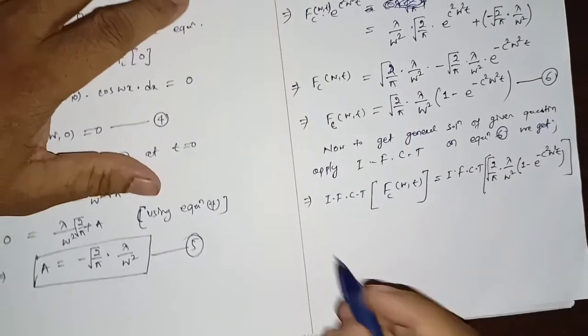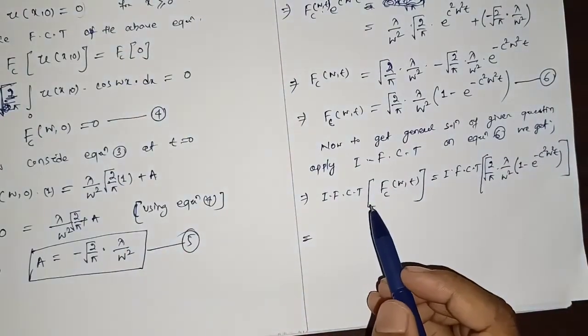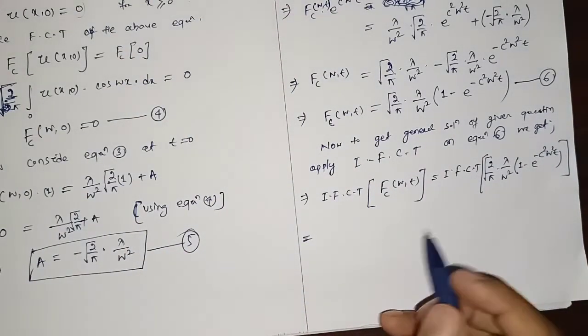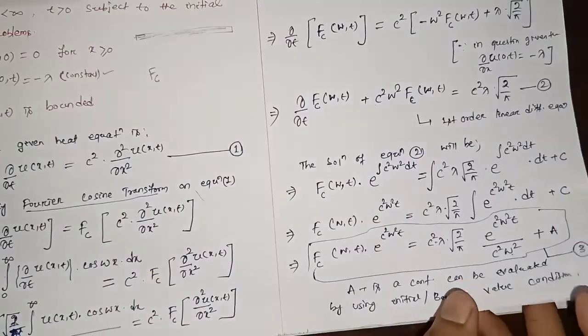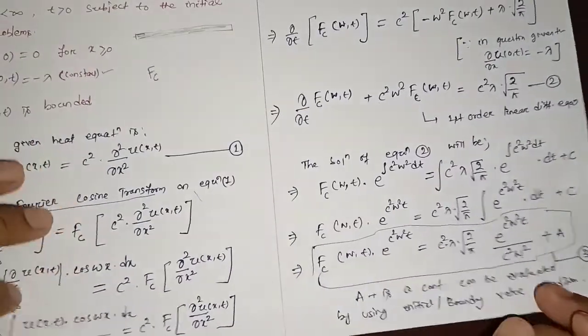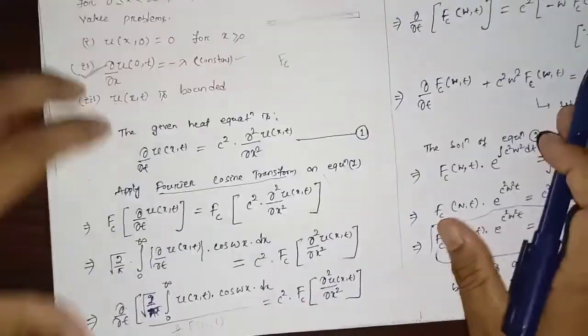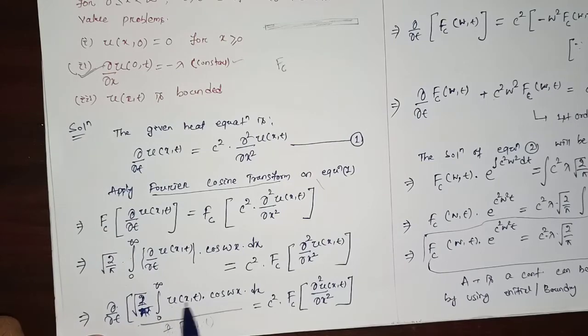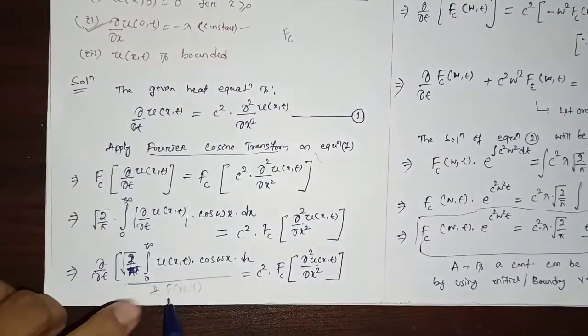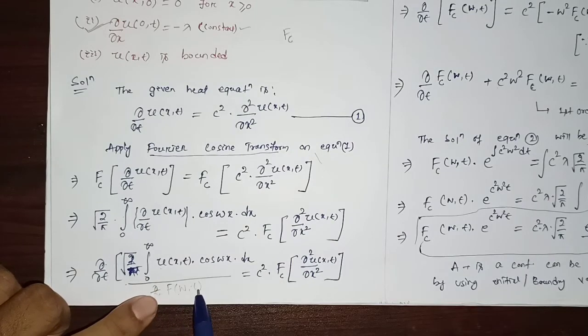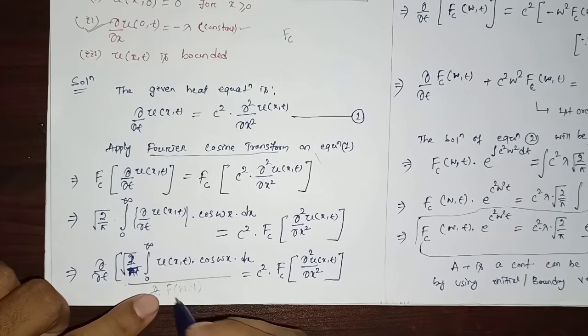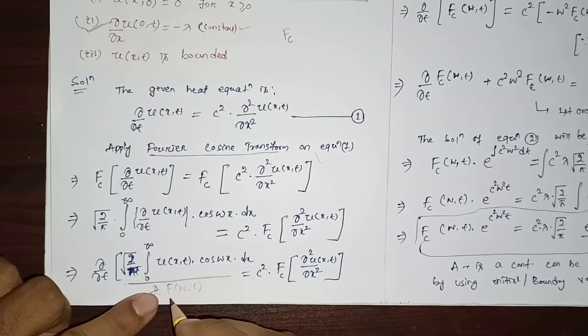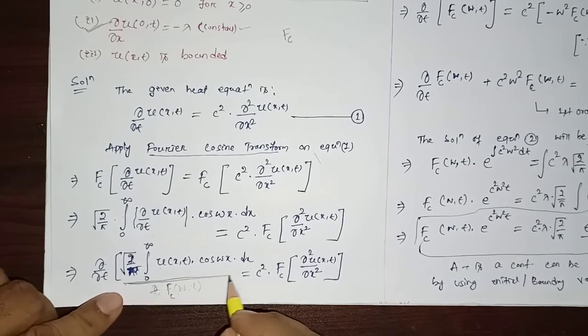Here you can see that the Fourier cosine transform of u x t is nothing but fc omega t. This is the Fourier cosine transform of u x t, that is your capital F omega t. So if I apply inverse Fourier cosine transform on this one, this value is nothing but fc omega t.